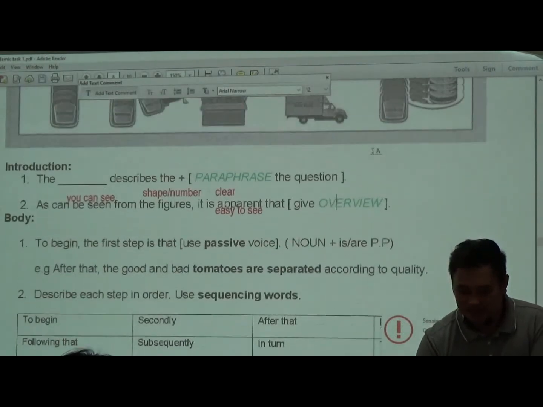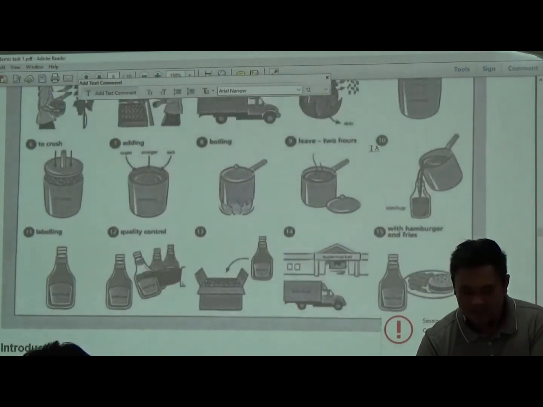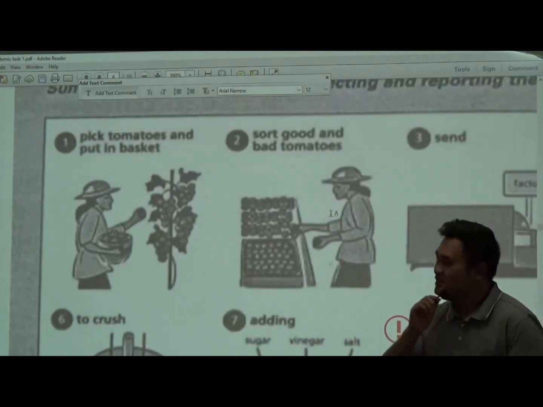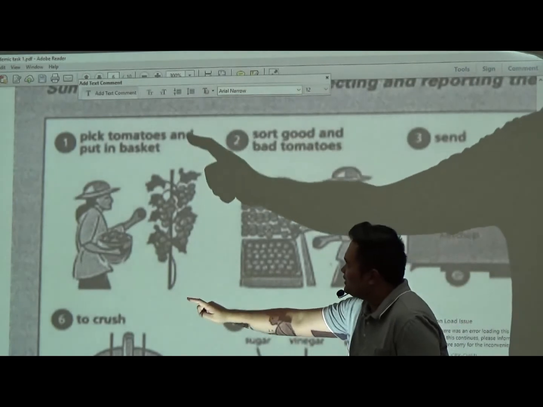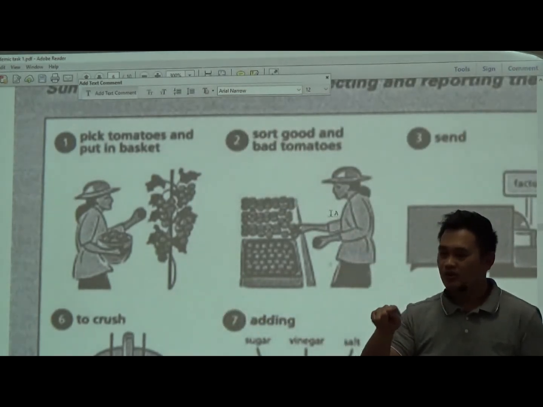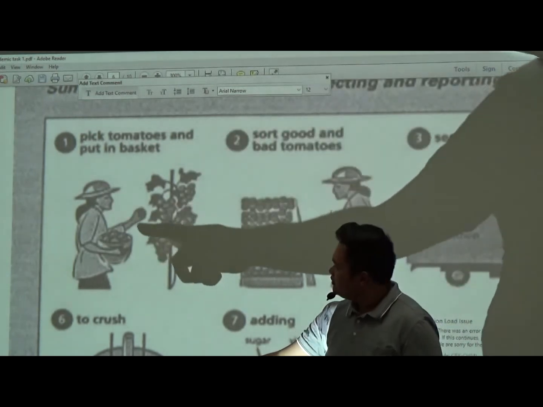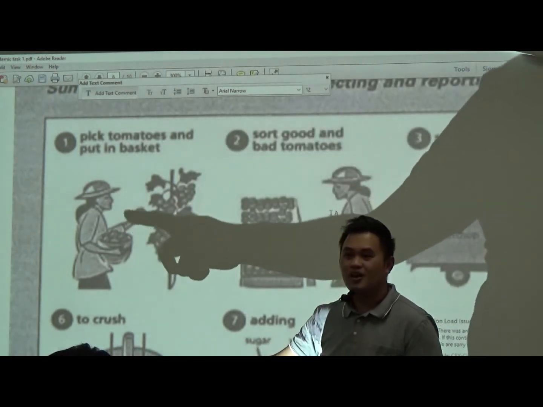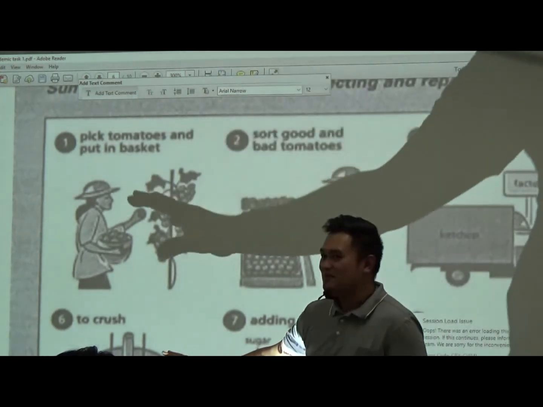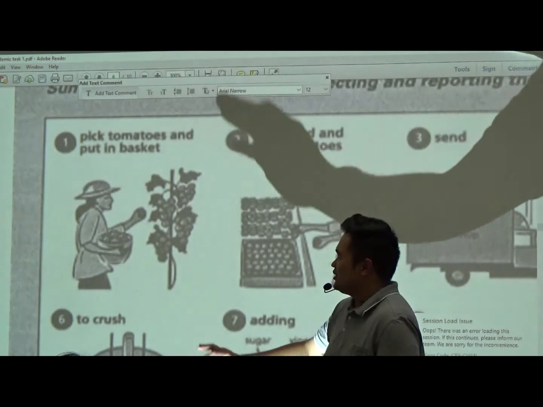Let's study the picture. Step 1. What's happening here? Dig tomatoes and put in basket. So, 주어. The lady. Who is the doer? The lady. Or how can we know she's a lady? Maybe she's a man. We don't know.